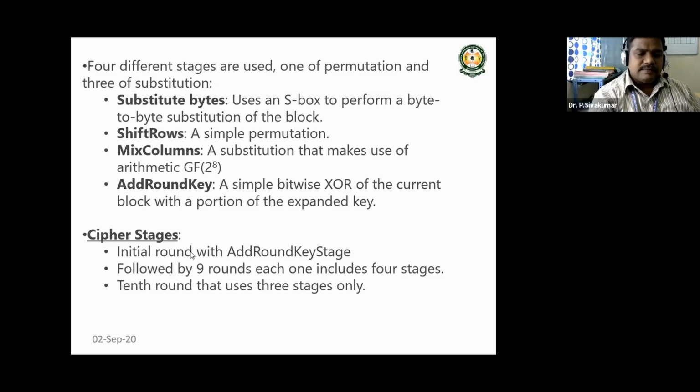These are the normal procedures, you remember them. So the initial round has the add round key stage, followed by 9 rounds each including 4 stages: substitute byte, shift row, mix column, and add round key.